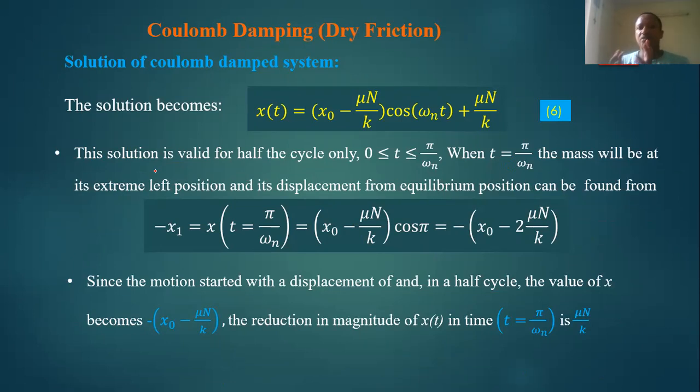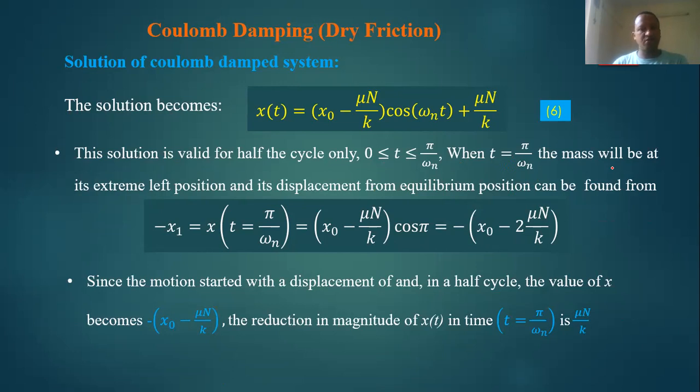It's valid only for 0 to pi over omega n, only for the motion towards the right for half a cycle. That means when t is equal to pi over omega n, the mass will be at its extreme left position.